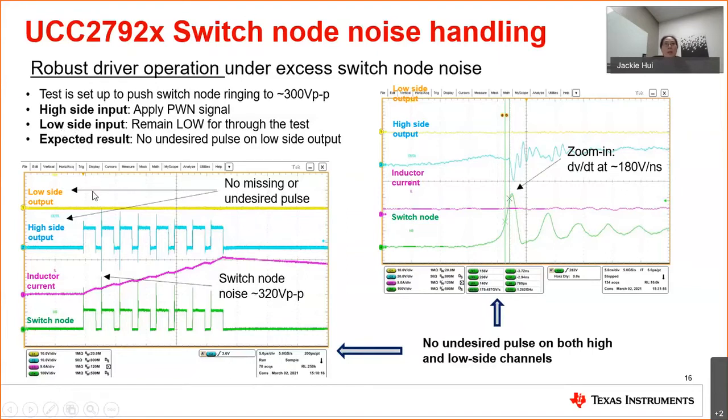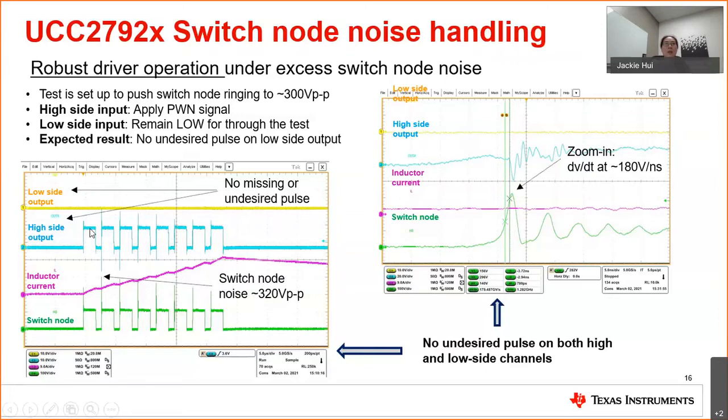The reason for that is we want to look at whether there are any missing or undesirable pulses under this severe switching noise. In the scope capture here, the green channel 4 is the switching node. You can see that the worst case noise gets up to almost 320 volts peak to peak. The blue channel 2 is the high side output.